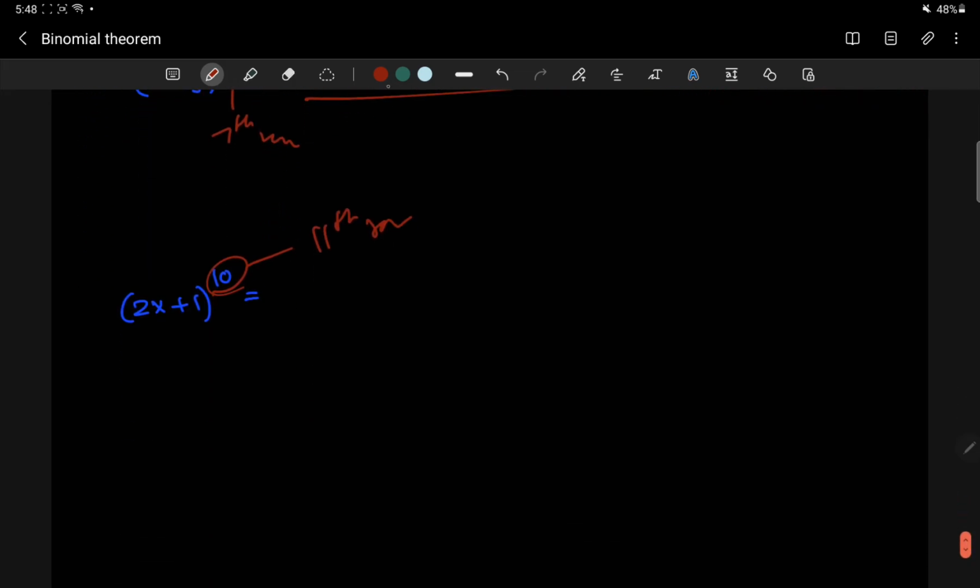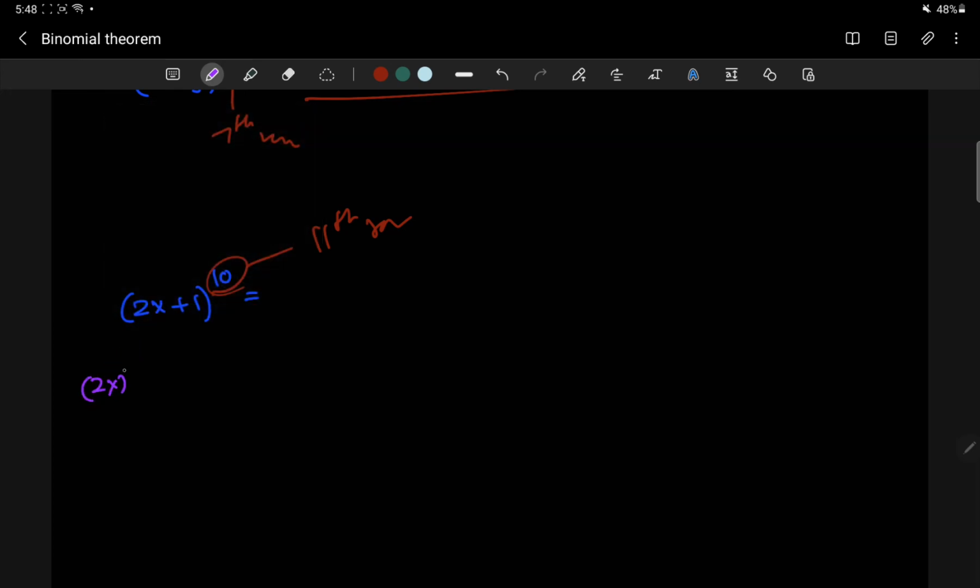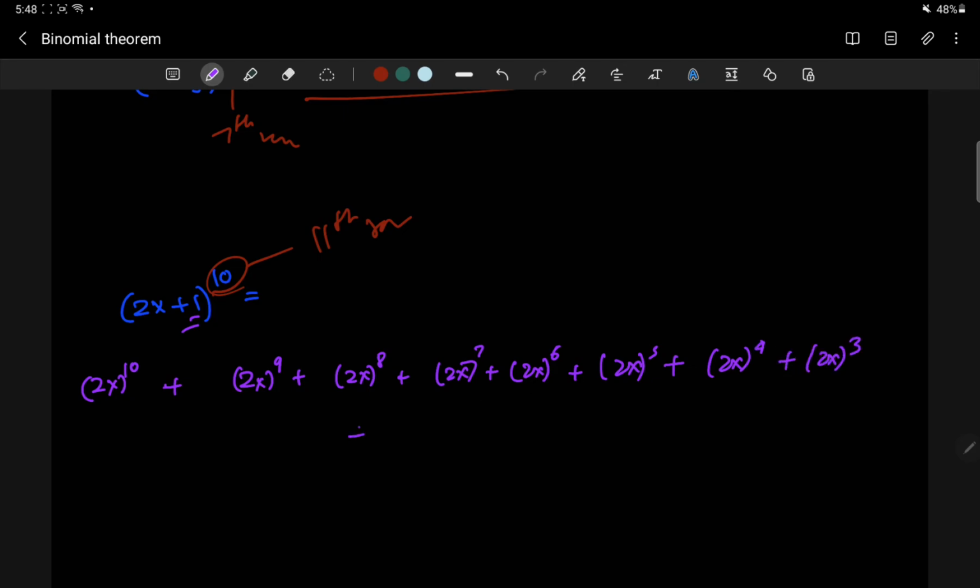Okay, so first I'm going to write down the terms without the coefficients. So I'm going to have a 2x to the 10. Now here things are complicated because it's power 10, but thankfully one thing is nice, which is that this is a 1, and 1 raised to any power is 1, so we don't have to worry about that. All I have to keep doing is reducing the power of the first term. So (2x)^9, then (2x)^8, (2x)^7, (2x)^6, (2x)^5, (2x)^4, (2x)^3, (2x)^2, and then 2x.